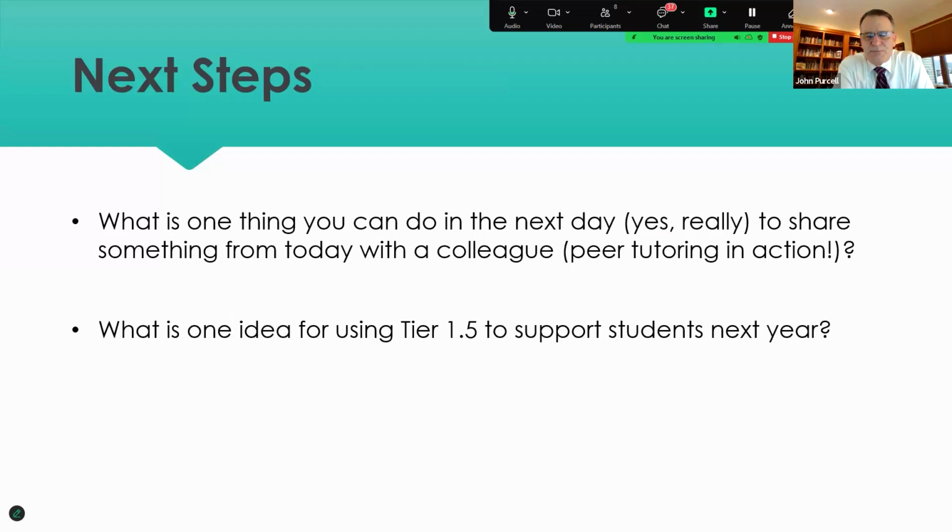The slides will be available to you in the Padlet. So please take what you learned today or tonight in the short time you've been exposed to it, take that and please use something for your students in a preventative, proactive, and responsive way.